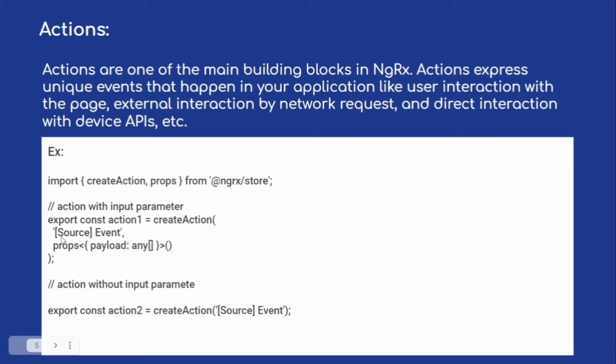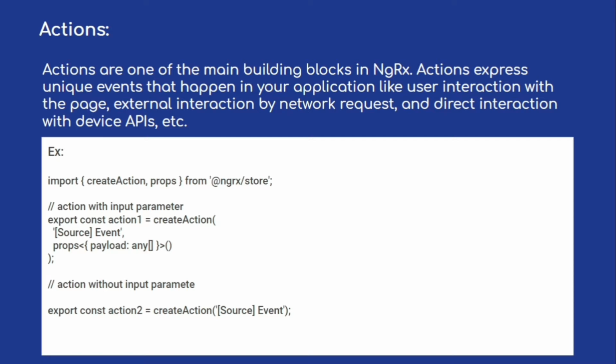Here, event means what kind of functionality this action was invoked for. So in the space, I can say an event name like API success. That means the action method is invoked on success of the API. Like that we need to name. If you give any string, it also works, but the standard is like that: source and event, a more descriptive way of saying what that action is meant for.